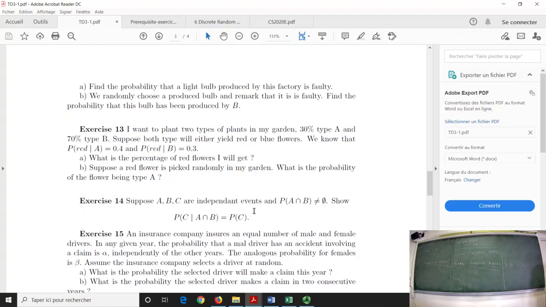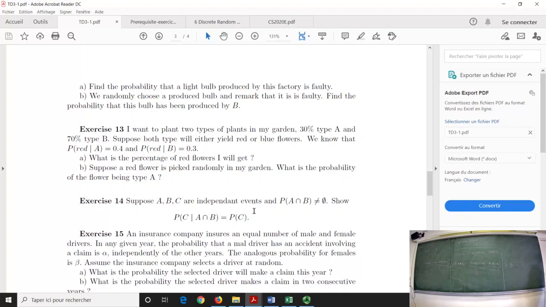So when I see this, two words from my course, I can say. I want to plant two types of plants in my garden. I have type A and type B, and suppose that both types will either yield red or blue flowers. We know some things.